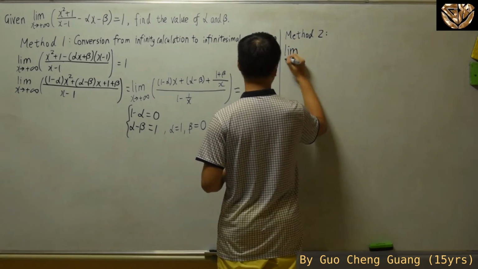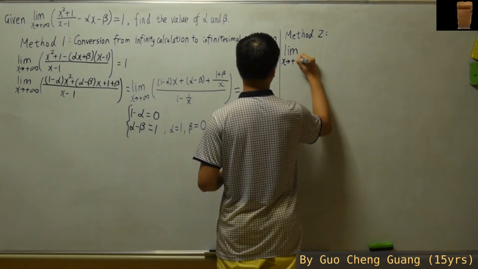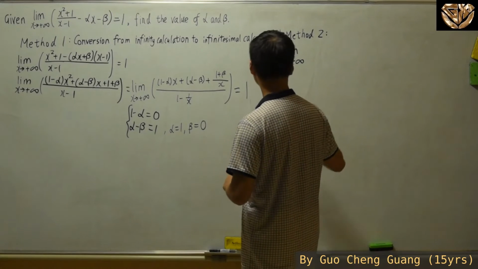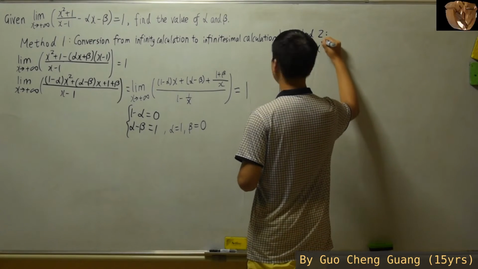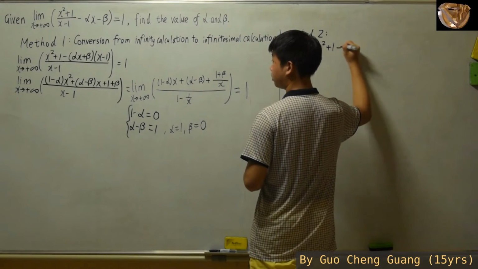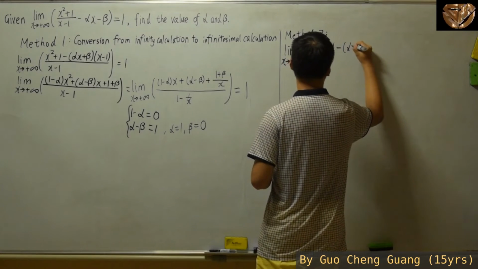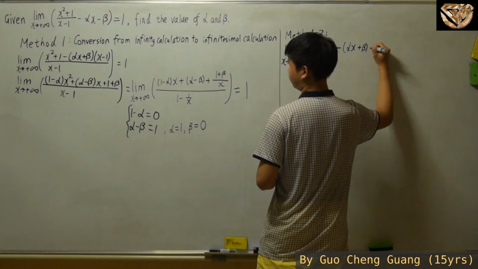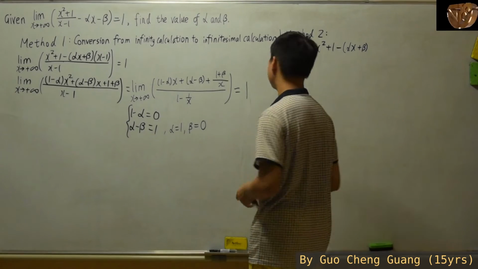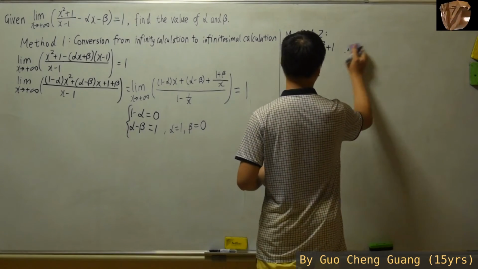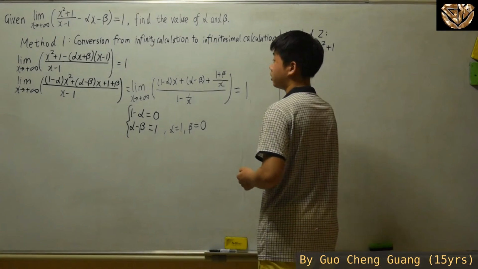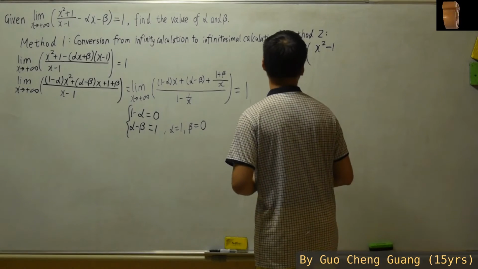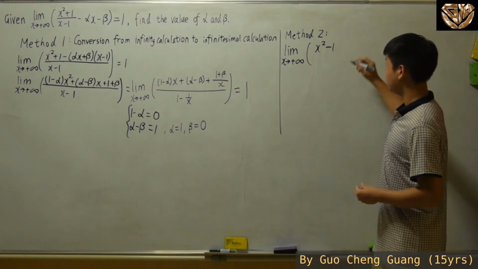So you have the limit as x approaches positive infinity. Then since you will still have your x squared plus 1, then minus alpha x plus beta, or you could just not do this altogether since you're factorizing, so actually the part behind is already factorized, and what you can do is to instead make it become an x squared minus 1.